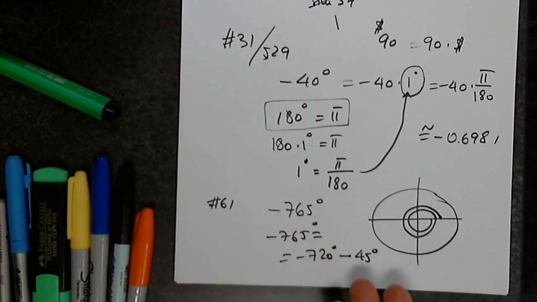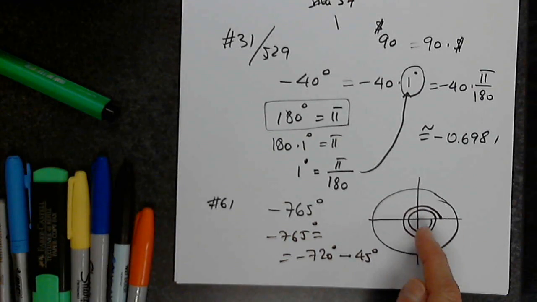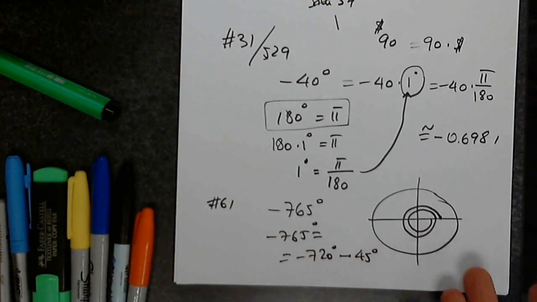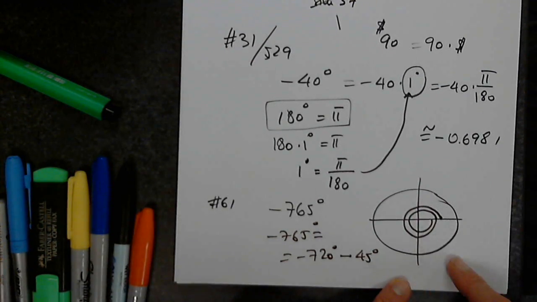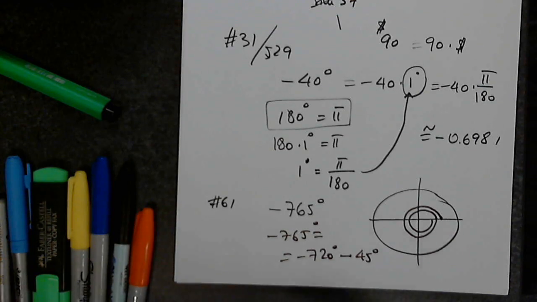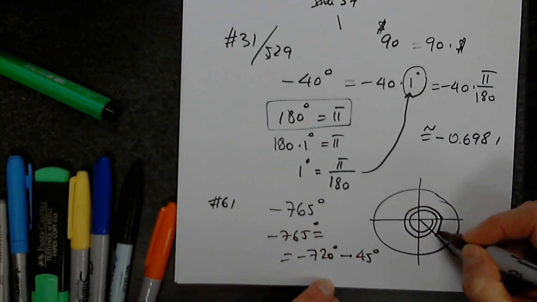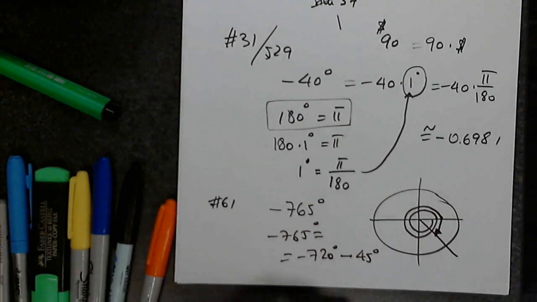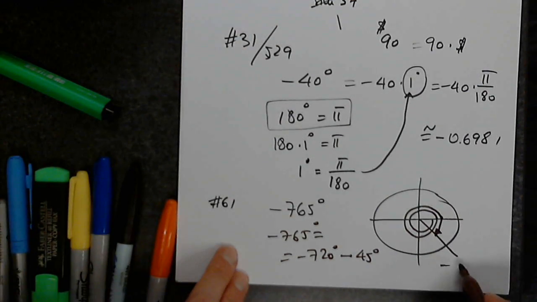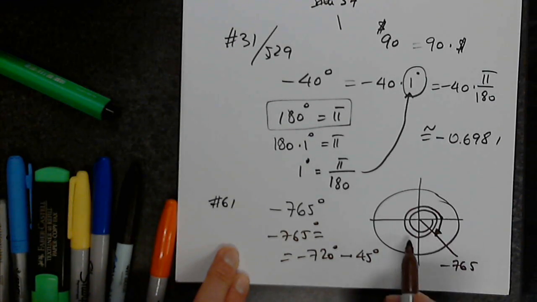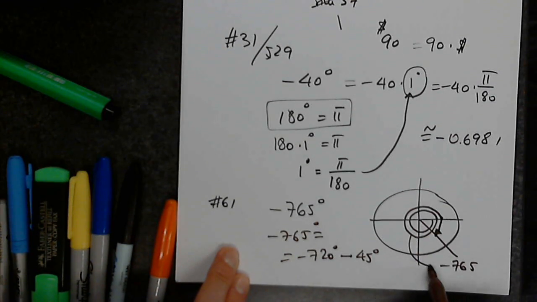So negative 765 is composed of negative 720, which means 2 complete rotations, and another 45 more. But 45 more is exactly in the middle. So this is the angle that represents negative 765. Maybe I should put it in there so you can see it.